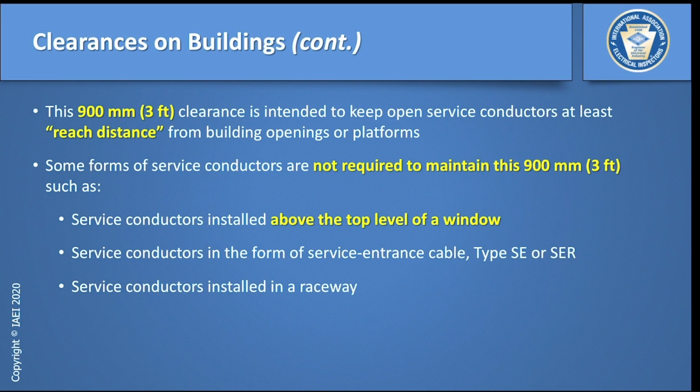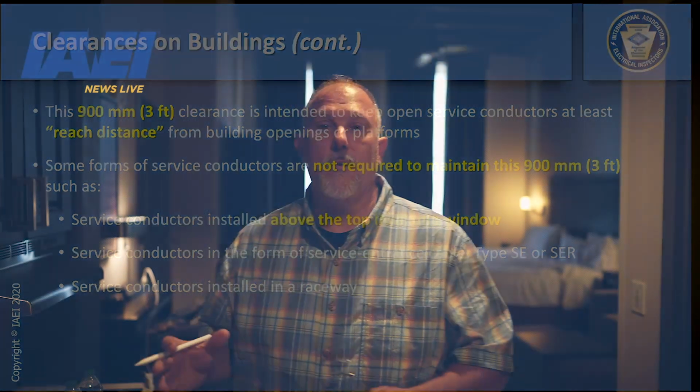So for service conductors installed above the top level of a window, you're not required to maintain that 3 foot if you have your service conductors in the form of service entrance cables, type SE or SER, or your service conductors installed in a raceway. So remember, I'm either going to give you that distance so you can't reach and touch it, or I'm going to physically provide a barrier.